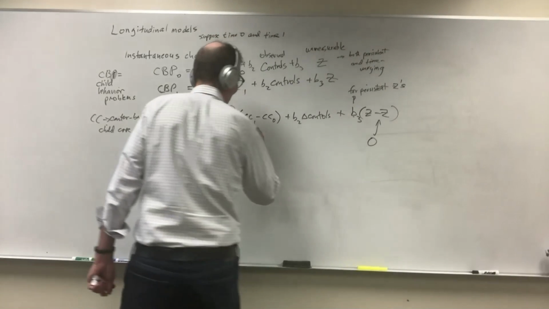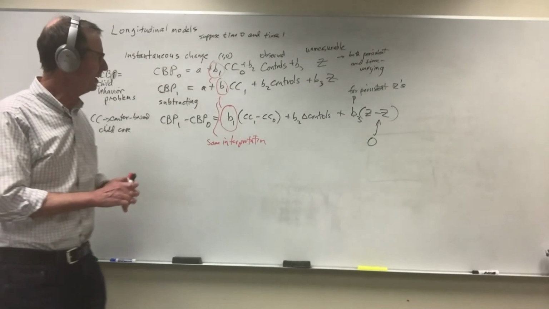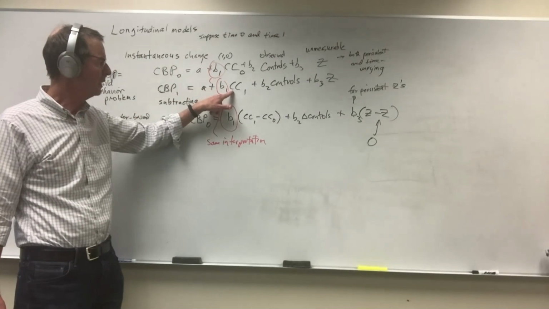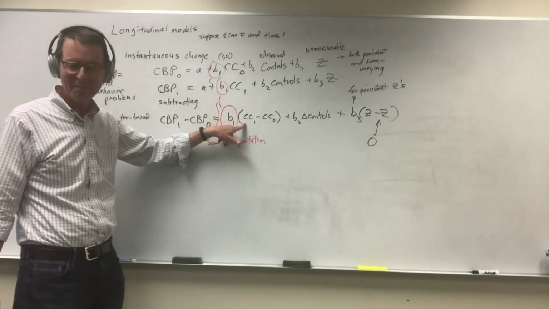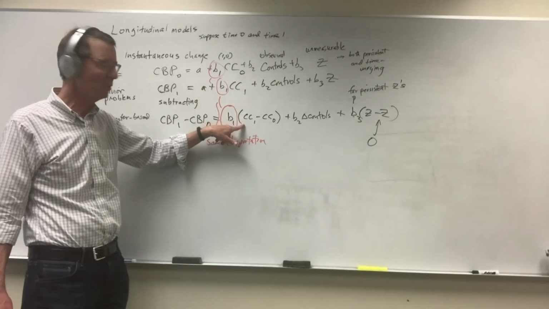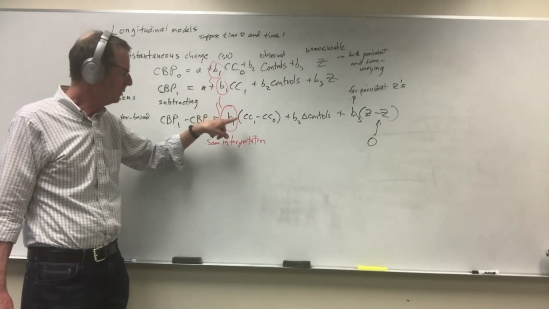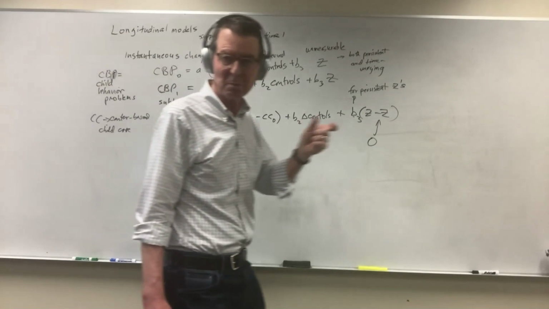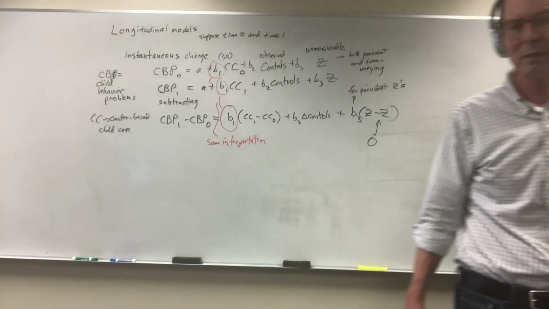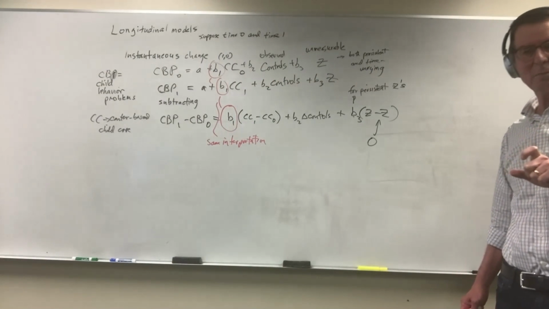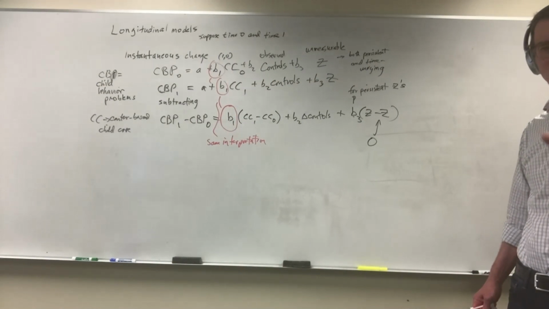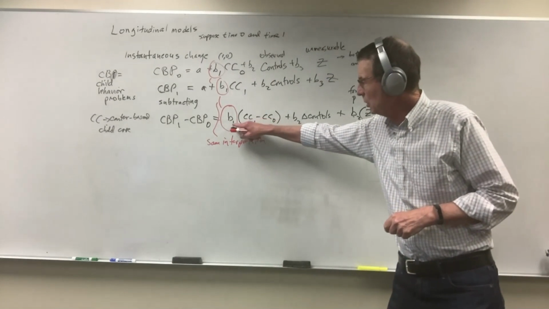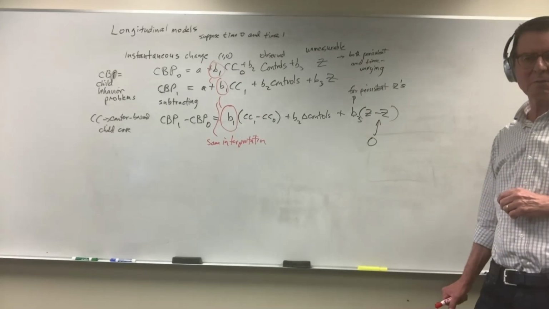Well, if a child is not changing his or her childcare status, then they're not really adding any variation to this equation. So what makes this work is that some kids are changing from being in childcare to not being in childcare, or from not being in childcare to being in childcare, right? It's those changers that are driving the variation that this equation takes advantage of.